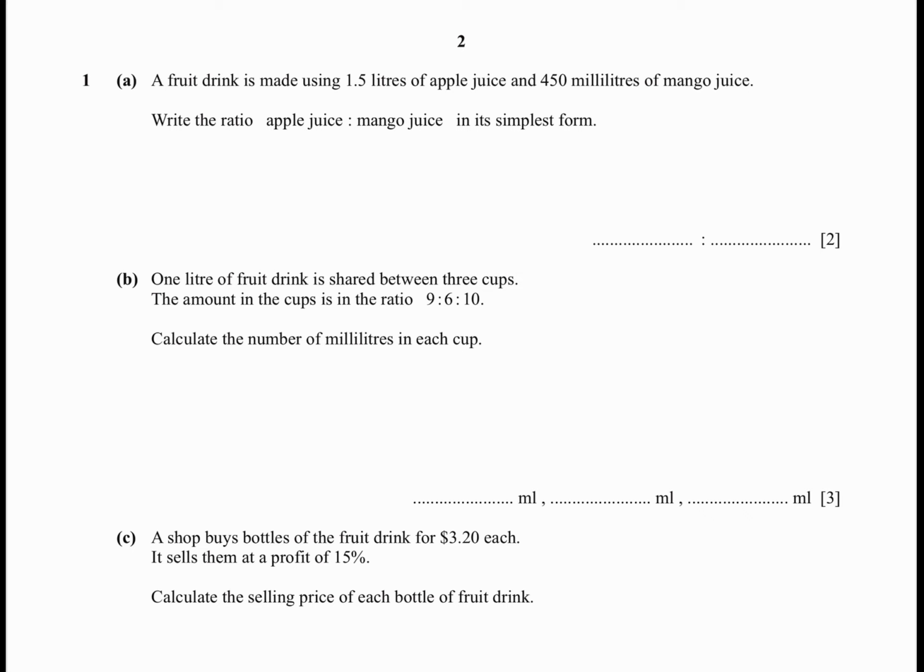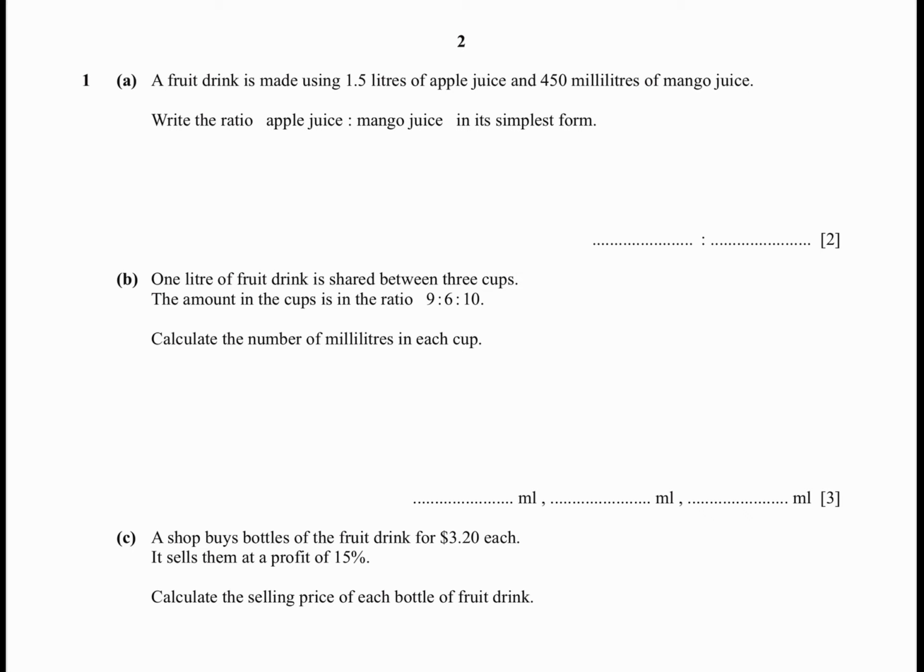Now, in this case, for this question, in order for you to write these numbers in ratio, you must have the same unit. Okay, so this is where the same unit matters.